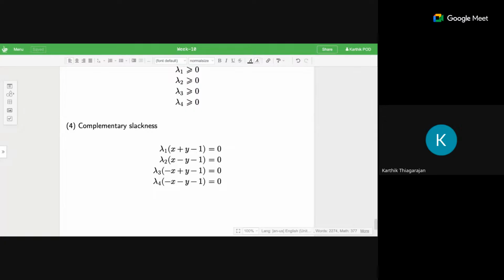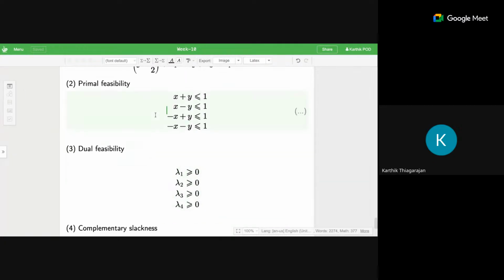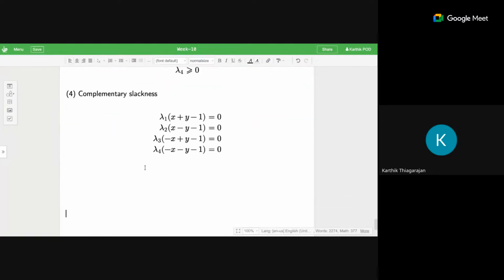What could be done? You can try eliminating some of these values, but even then it's going to be quite hard.